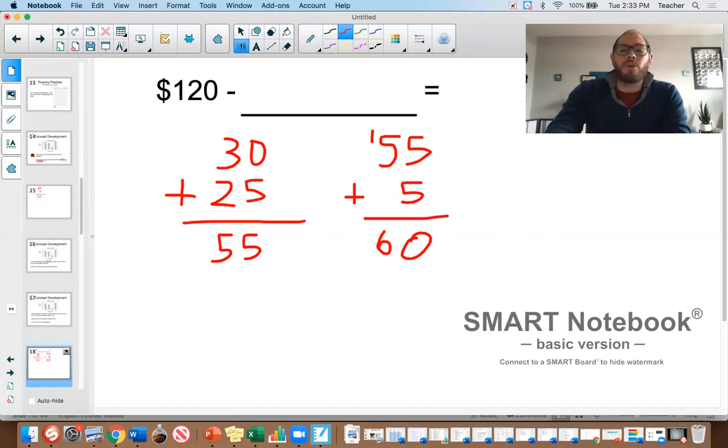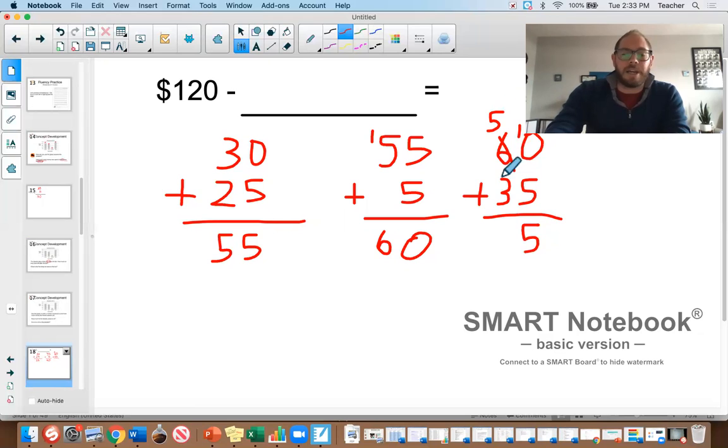And we've got one more amount left. I'm going to start off with my 60 plus $35 that they spent on their rides. 60 plus 35, 0 minus 5 I can't do, so I'm going to have to regroup. Make that into a 5, borrow 1. 10 minus 5 is 5.